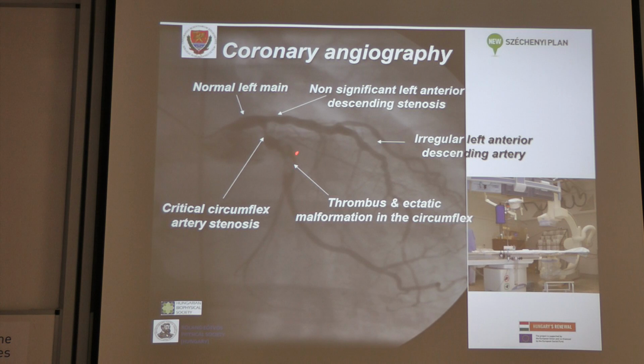But this one, which we see very seldom, is a large thrombus that could be responsible for a myocardial infarction. In this case, it didn't cause an abrupt and complete closure of the artery, since the distal part of the circumflex artery still fills up with contrast.